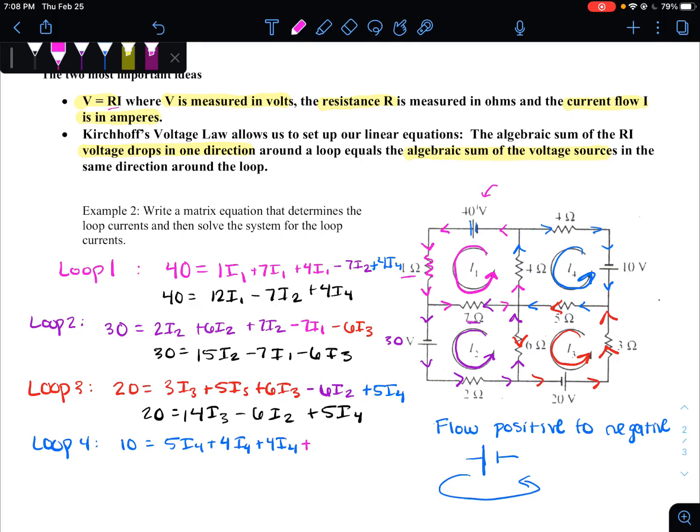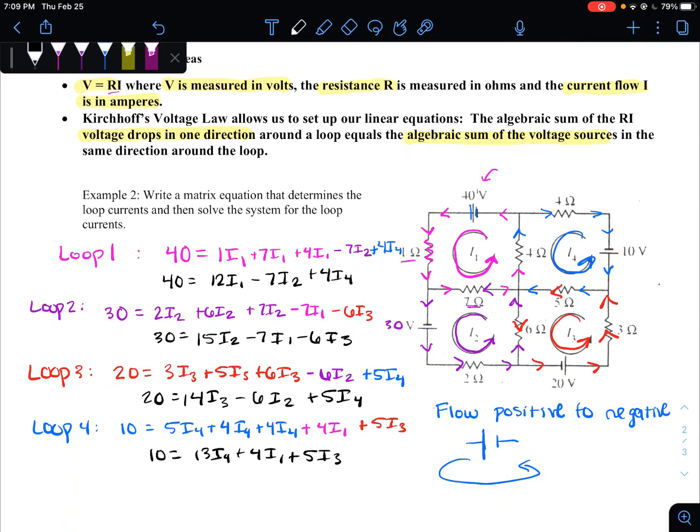Same direction as I1, so plus 4 I1, and also same direction as I3, so plus 5 I3. Cleaning that up, I get 10 equals 13 I4 plus 4 I1 plus 5 I3. And now I am trying to balance that current flow.